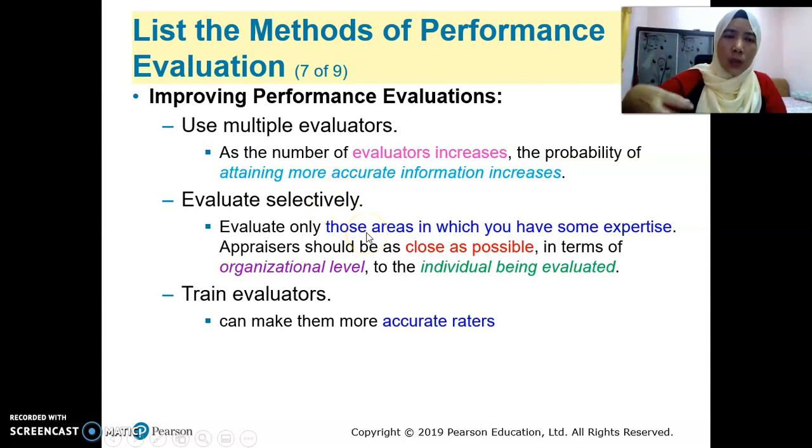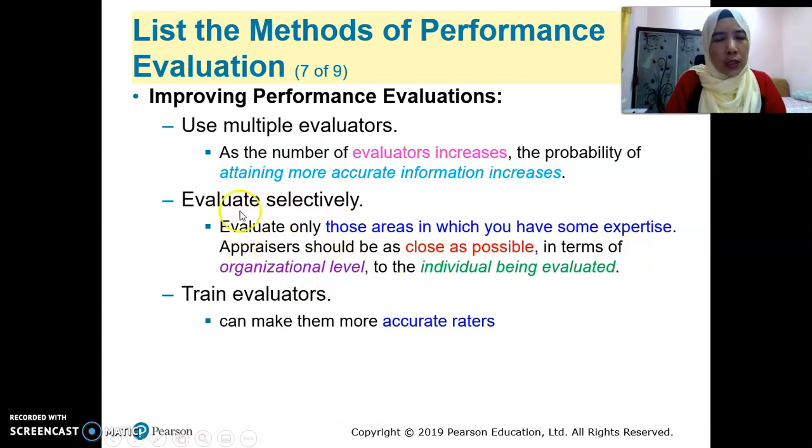perhaps when the employees are doing performance tasks in different areas. So it is important to evaluate the employees based on the areas in which they perform their jobs, and in which the evaluators also have some expertise. If the person who evaluates does not have expertise in the area but is still given responsibility to evaluate the employees in that area, the evaluation may be given inaccurately.